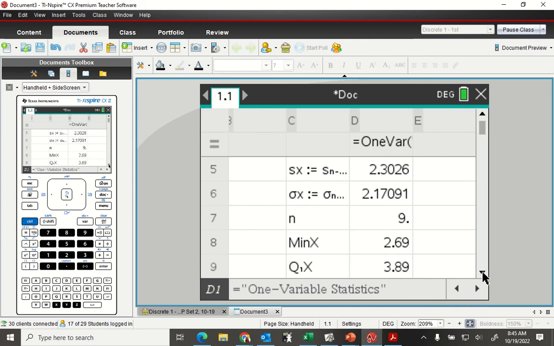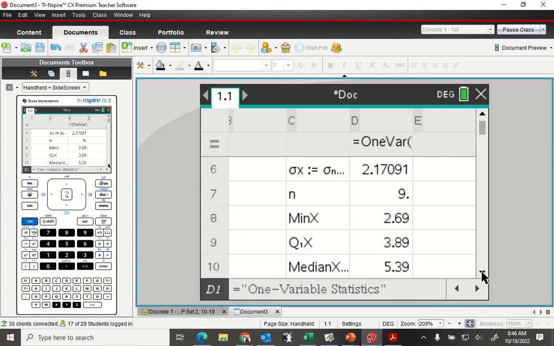Now, what do you think n represents? What do we say n represents? Number of data or number of things that we're plugging in, right? Okay. What do you think this min means? The smallest number, right? So it basically puts it in order for you. Median.